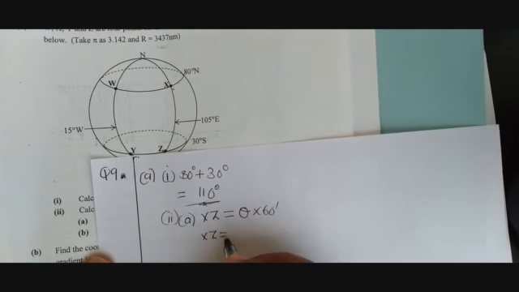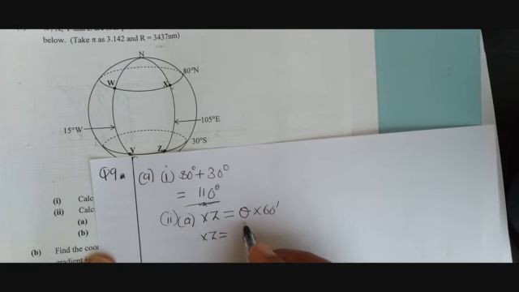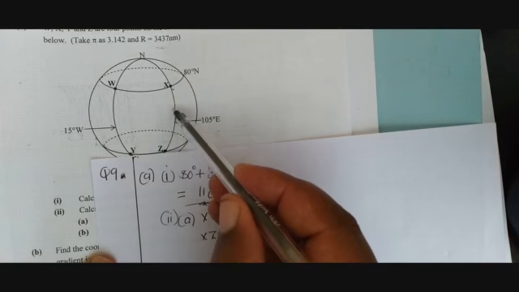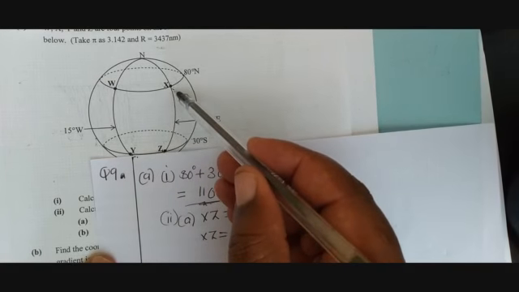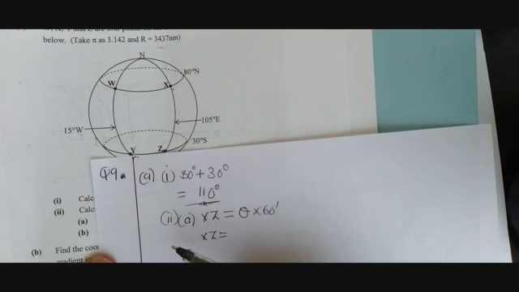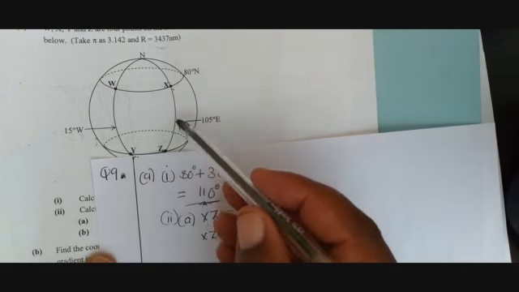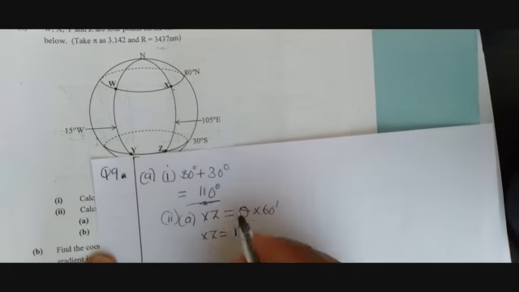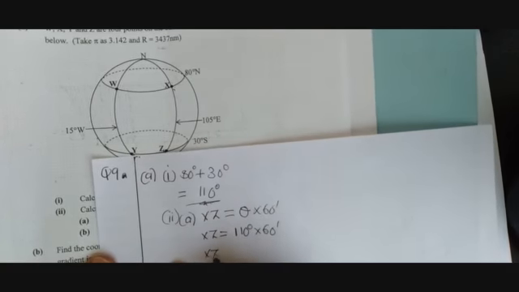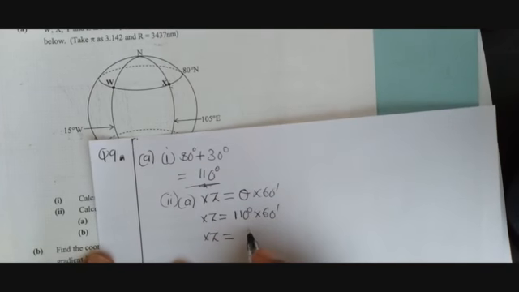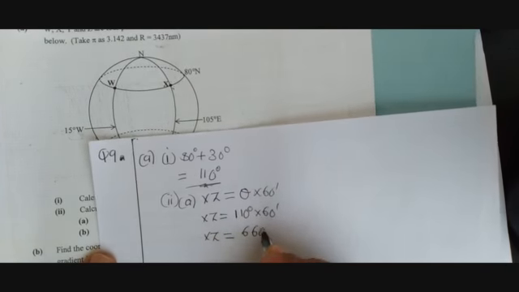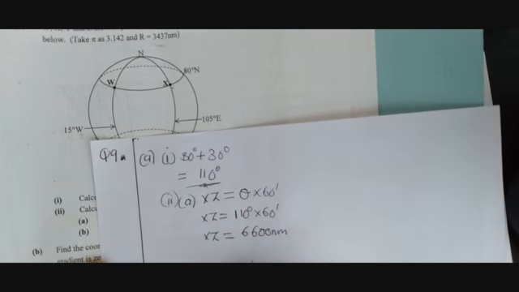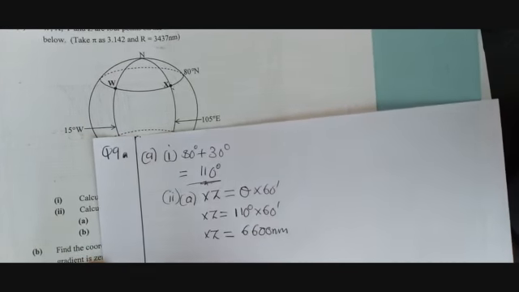In this case our theta is the difference in latitude between X and Z, which is 110. So XZ is equal to 110 times 60 minutes. When you multiply this on a calculator, you get 6600 nautical miles.